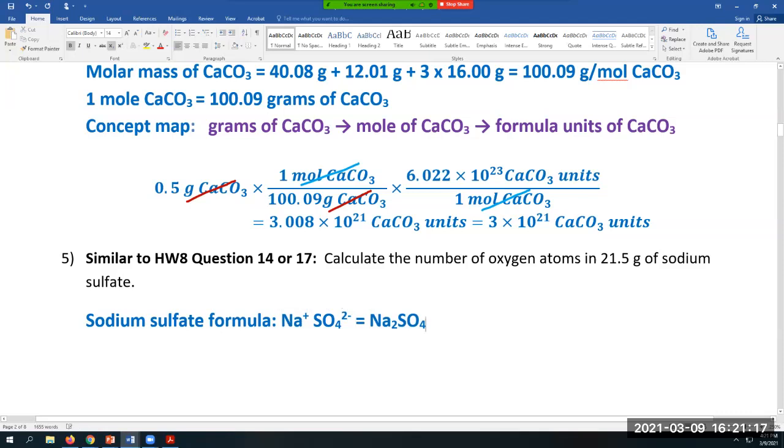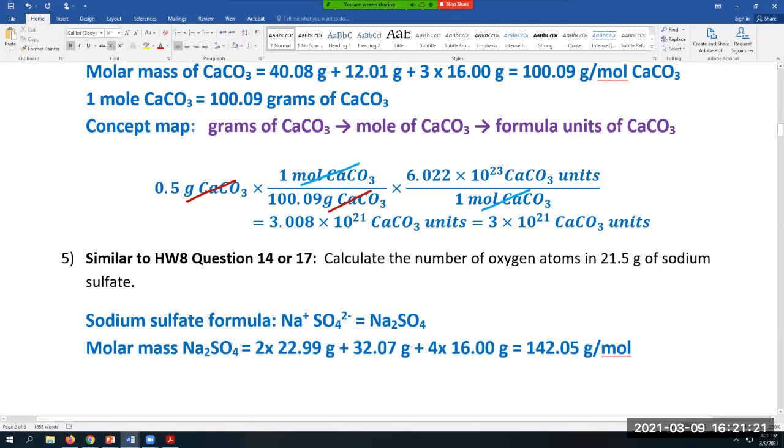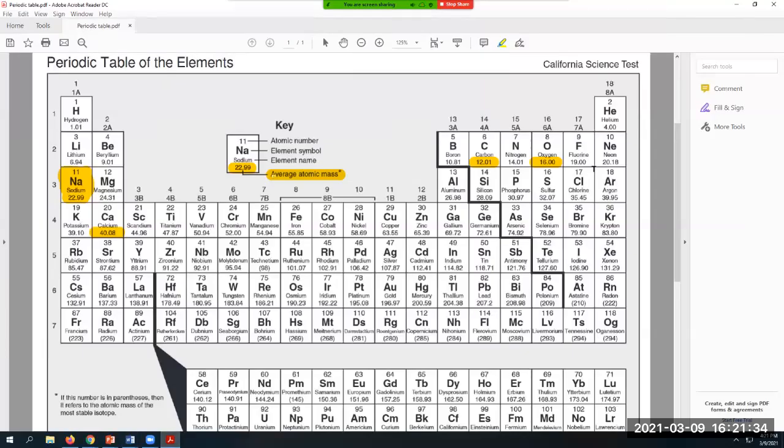So next, we need the molar mass of this compound, right? Because we have grams and we will need to go to moles. So for the molar mass of Na2SO4, you take 2 times the molar mass of sodium, 22.99 grams per mole. And we have the sulfur, 32.07, and then the oxygen, 16.00.